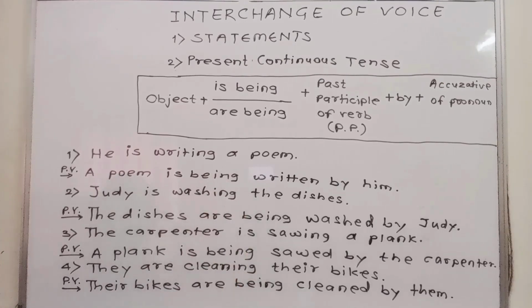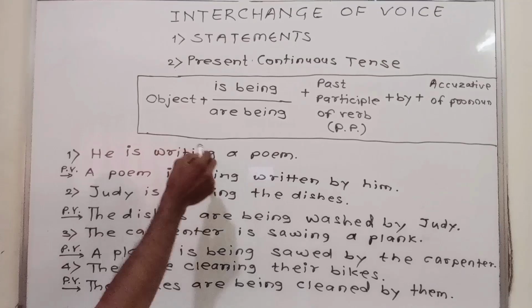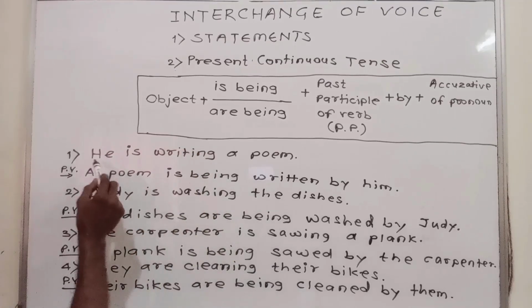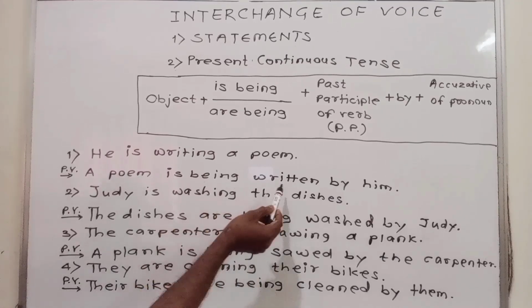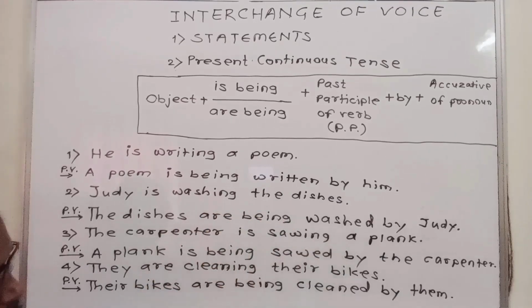We write here being because originally in our active voice there is present participle. Present participle means suffix ing. Suffix ing we cancel here. See this. Washed, or written, washed, sewed, cleaned.